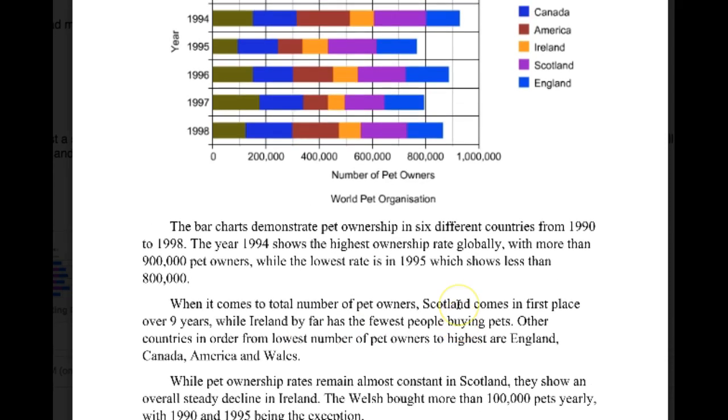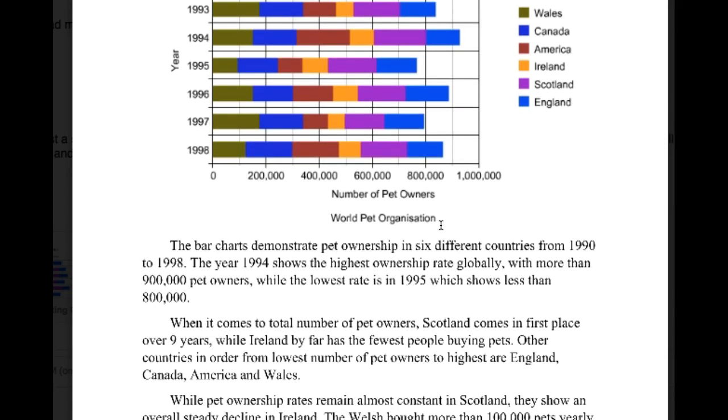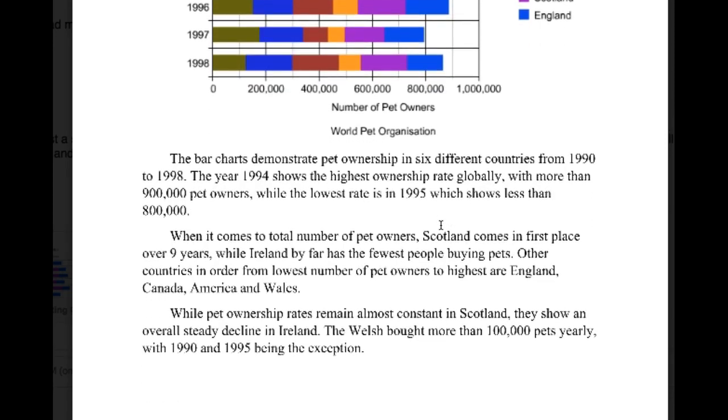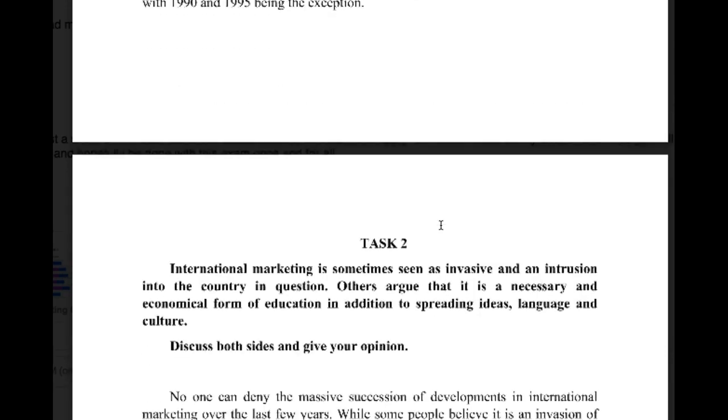For example, we could say, in 1997, England has 3 times the amount of pet owners than Ireland. Okay? These kind of structures, more than double, 3 times the amount, less than half. Just more structures that help you score the points.